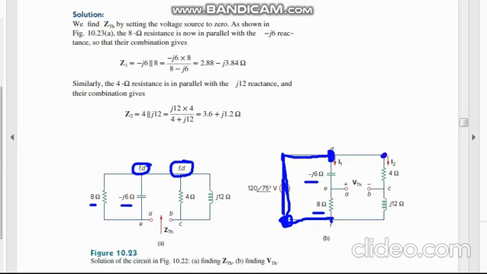Here also, this D point and this F point are connected to the 4 ohms and 12 ohms, which are also parallel. And on these parallel parts there is a series line, this AB line.